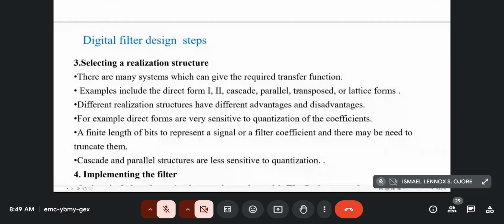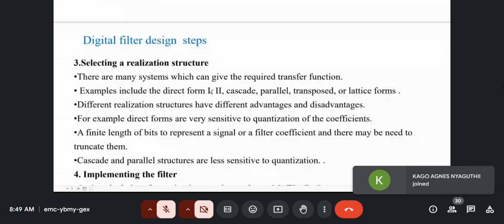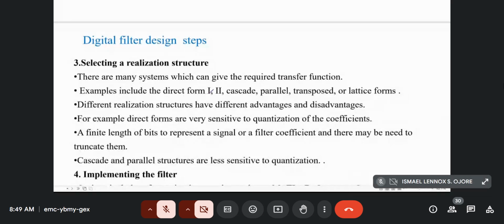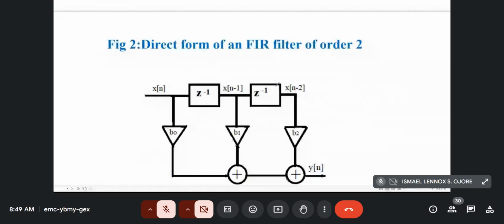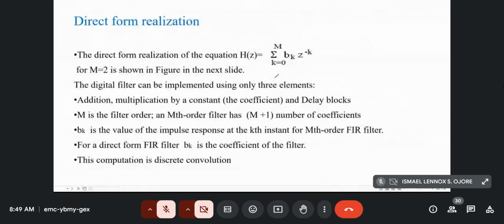But sometimes you choose the form. Some forms will give you a saving in terms of the number of delay units you use, and we are going to see that. I don't know that we have an example here.